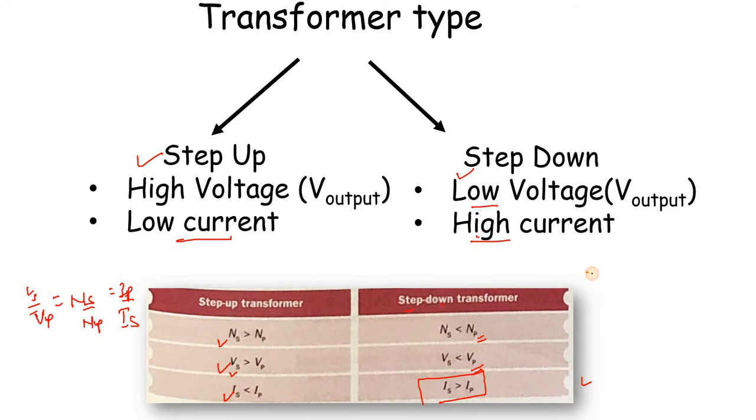So if you want to know the efficiency formula, efficiency will be the output power, meaning how much is given out, divided by input power, multiplied by 100. So if output power and input power are equal, it means this transformer is working at 100%, which is not possible in our actual scenario.